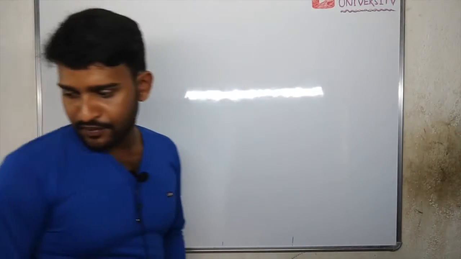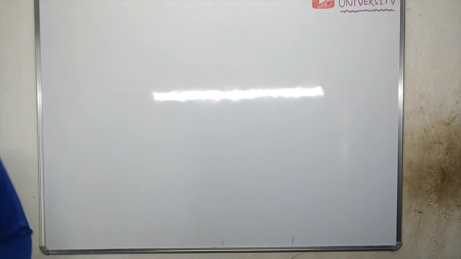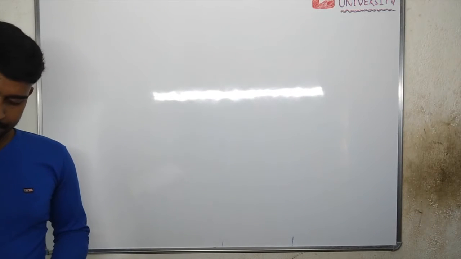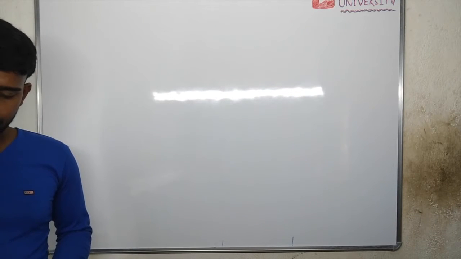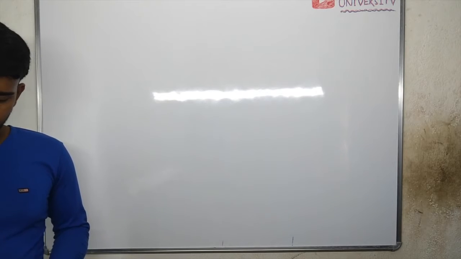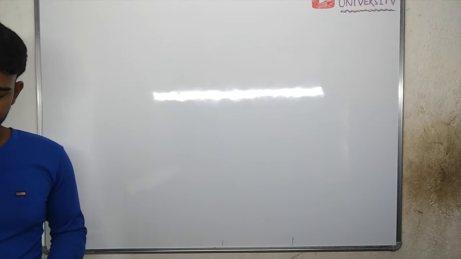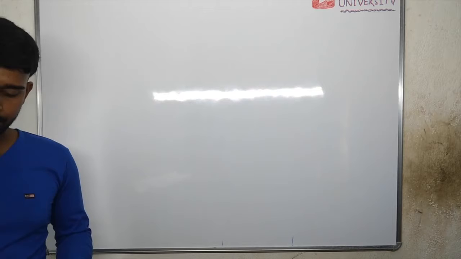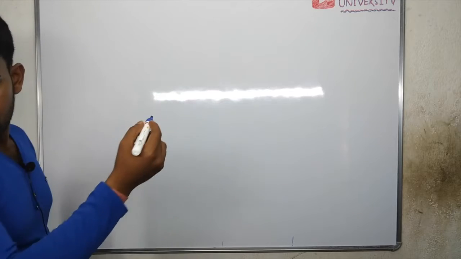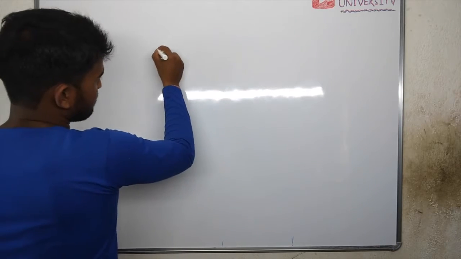So move to the 17th question. It is given: select the correct output V0 wave shape for a given input Vi in the clamping network given. The circuit is given like this.